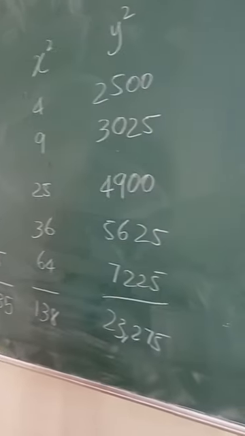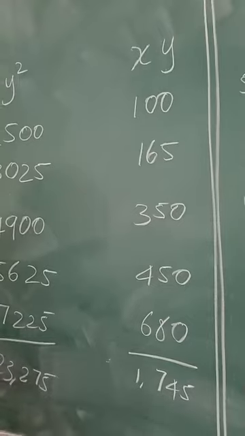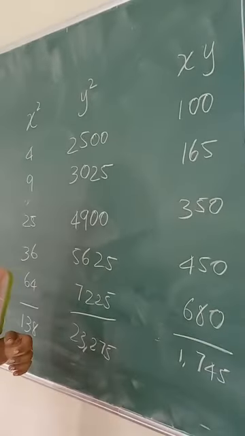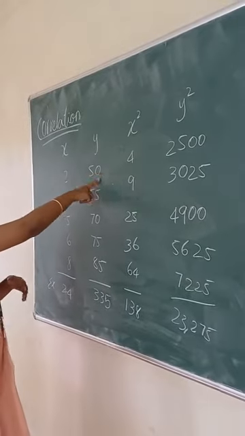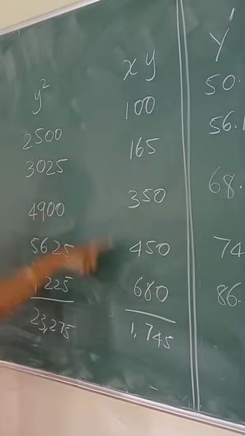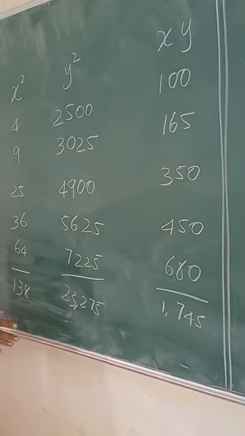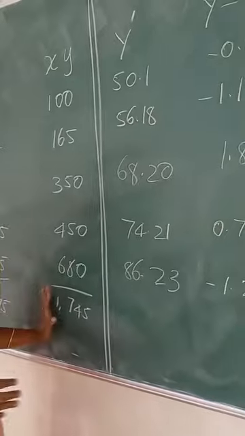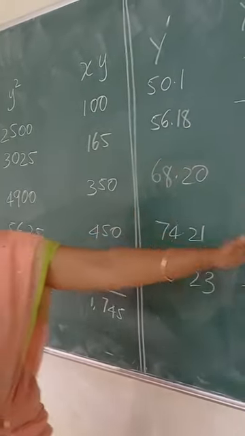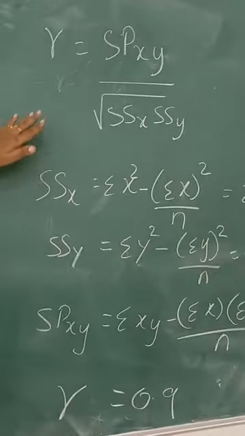Then for SPXY, you need the value of summation of XY. So you have to multiply X and Y. So 2 into 50, we get 100. Similarly, you do this for all the corresponding values and find the sum of XY. With these values, see the formula here. In R we have SPXY.